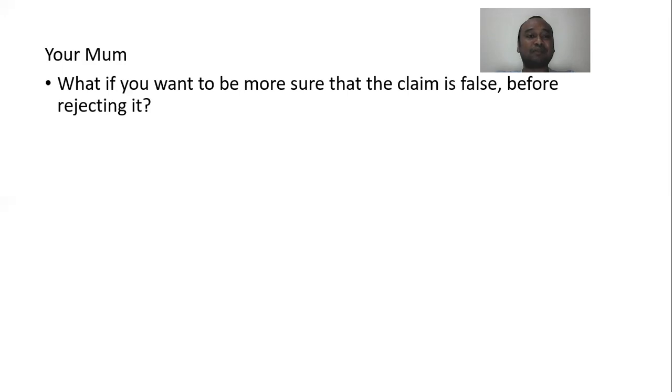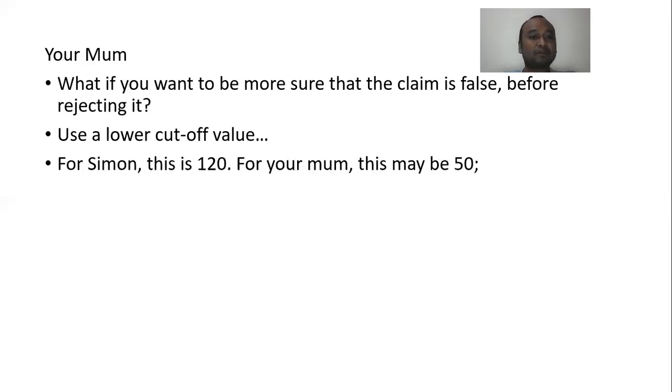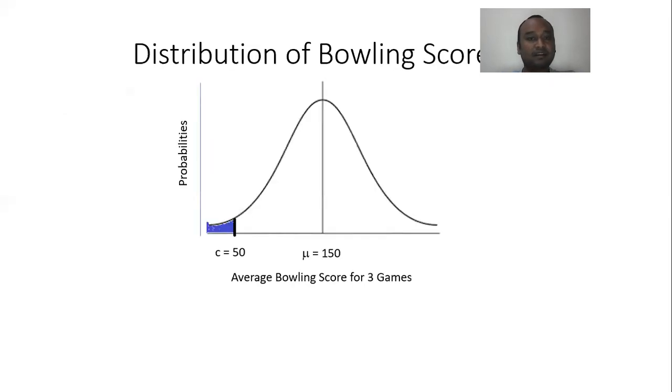But this is now your mom. So what if you want to be more sure that the claim is false before rejecting it? Yes, the answer is to use a lower cutoff value. For Simon, this is 120. For your mom, this is maybe 50.